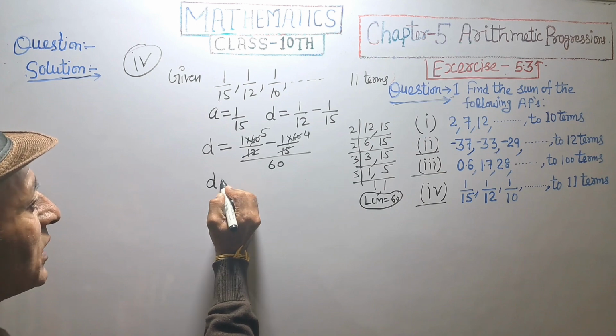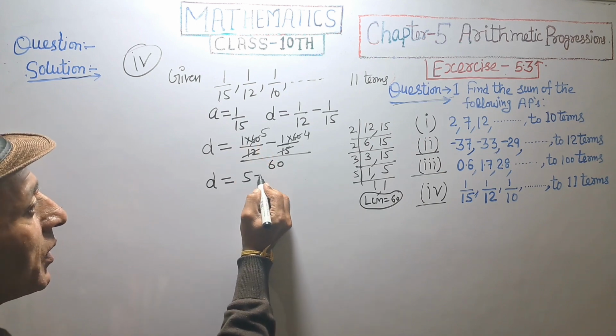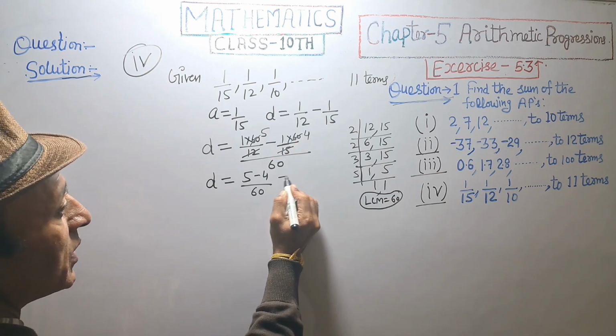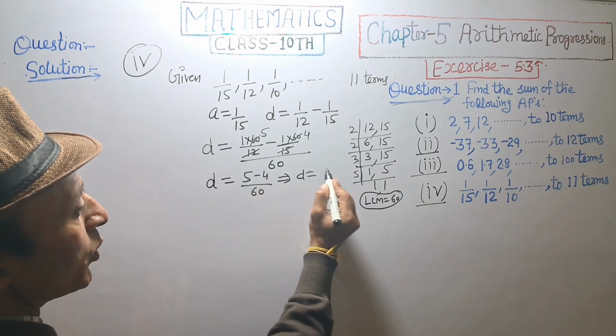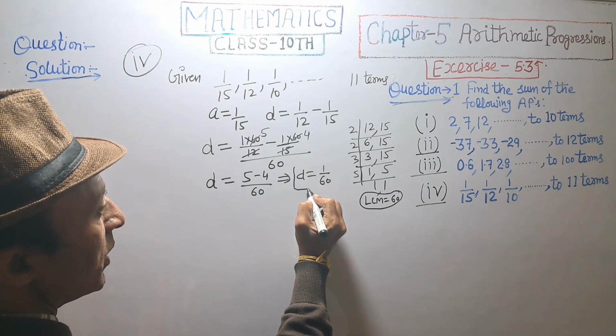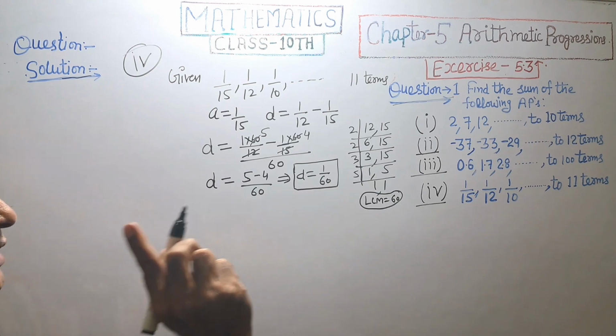Then common difference is 5 minus 4 divided by 60. So D is equal to 1/60.